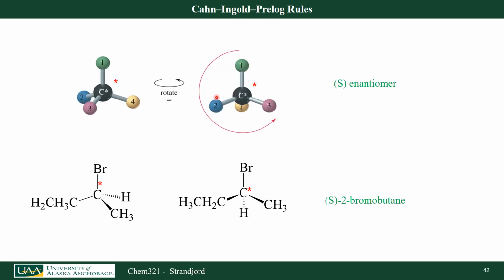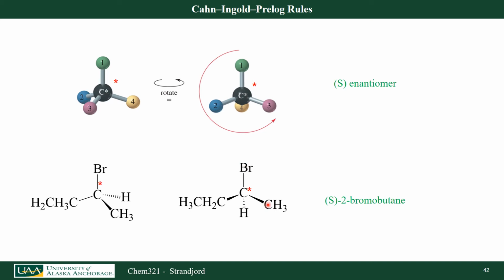If I rotate it in space and get my 4 in the back, and then I go 1, 2, 3, going down in order of highest priority to 2 to 3, in this case I go counterclockwise, so that's the S enantiomer. If I look at my 2-bromobutane down here, I can see I've rotated it mentally, and then I go 1, 2, 3.